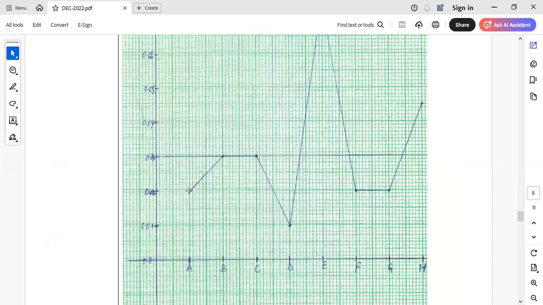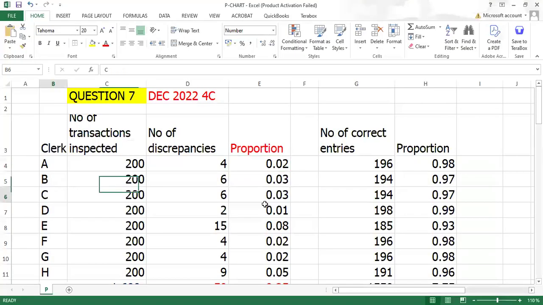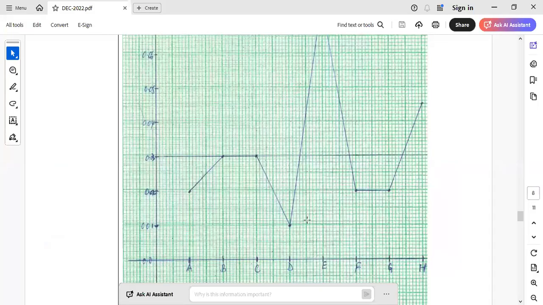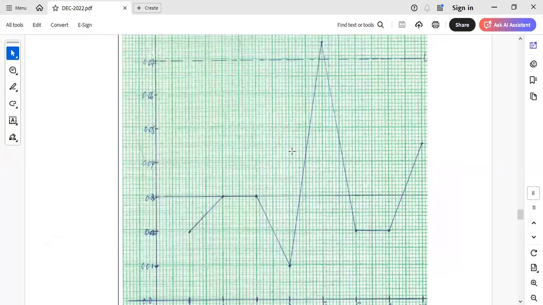Then you stand where you have B, look for 0.03. You stand where you have C, you look for 0.03 on the vertical axis. Then at the end, you join your points from A to H using a ruler.